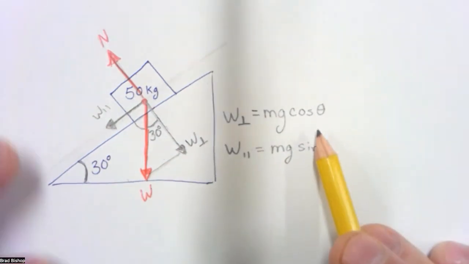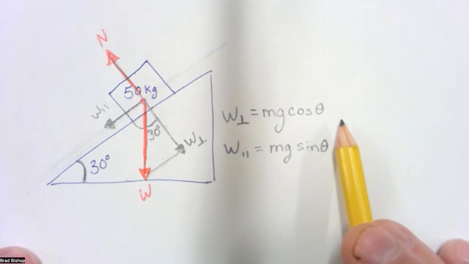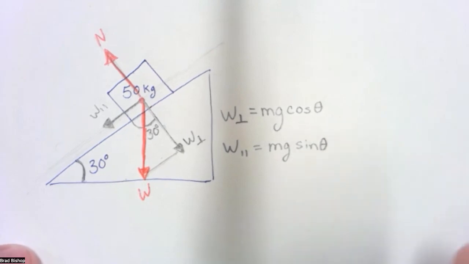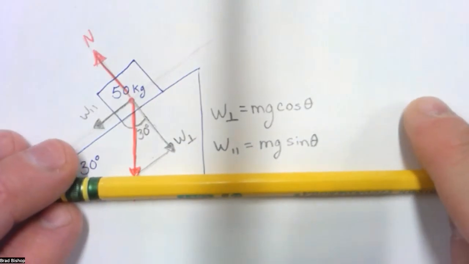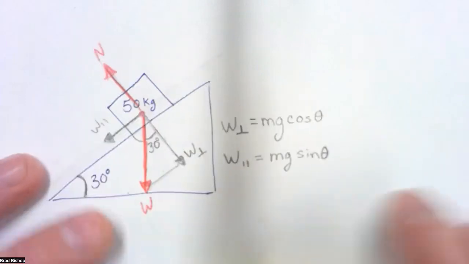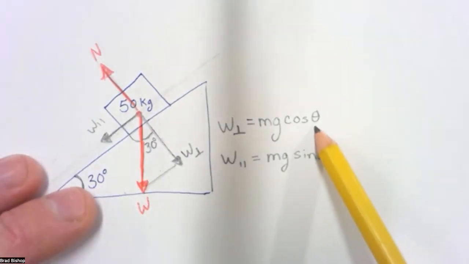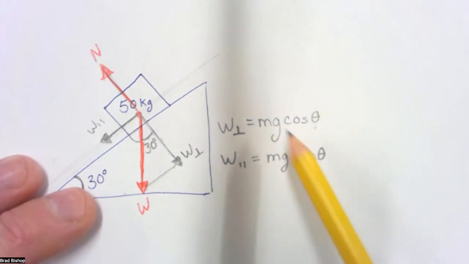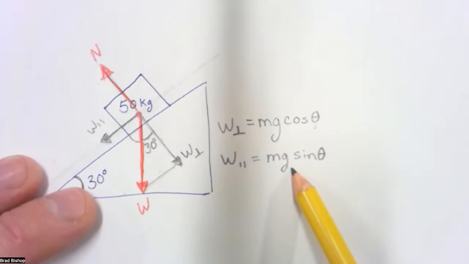And let's think about this a little bit conceptually. If our angle was 0, what does that mean? Well, if we have an angle of 0, that means it's just flat, there's no incline at all, right? It's just flat ground, just a table. What's cosine of 0? Cosine of 0 is 1. So if we have flat level ground, all of our weight is perpendicular, and sine of 0 is 0.